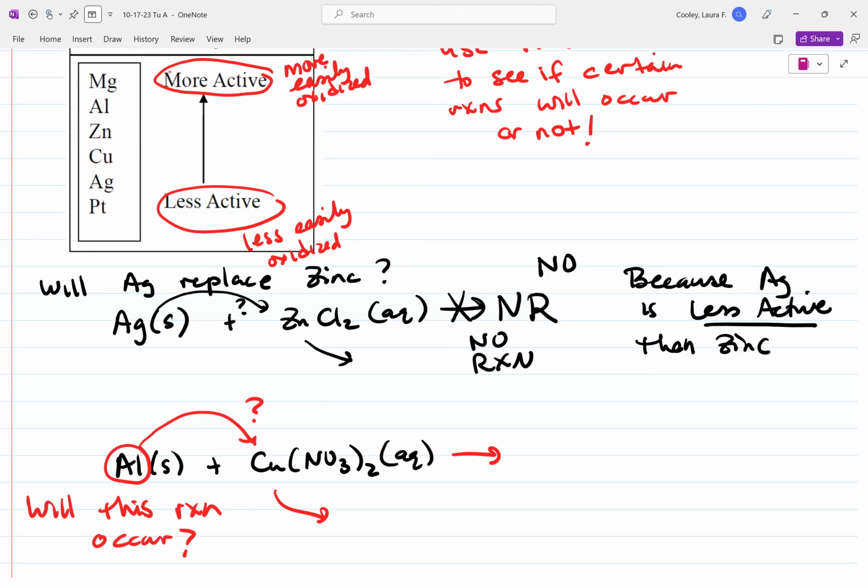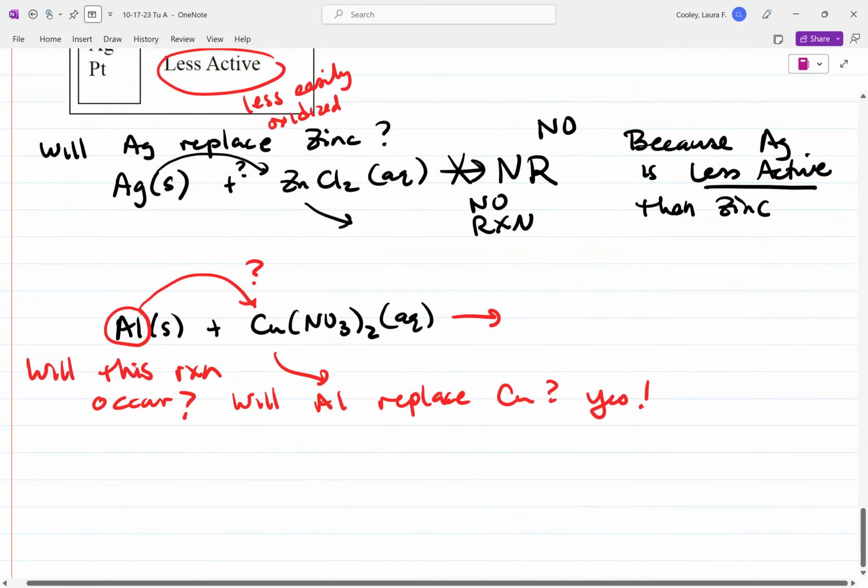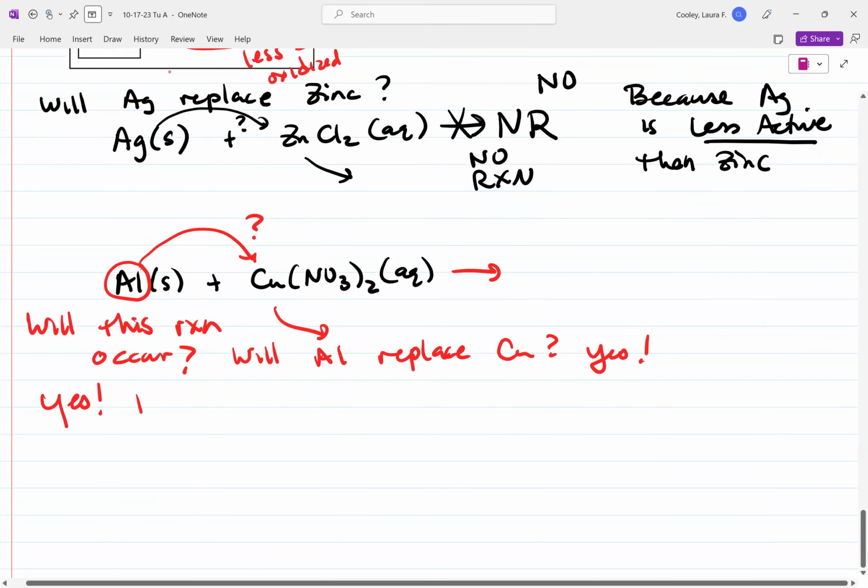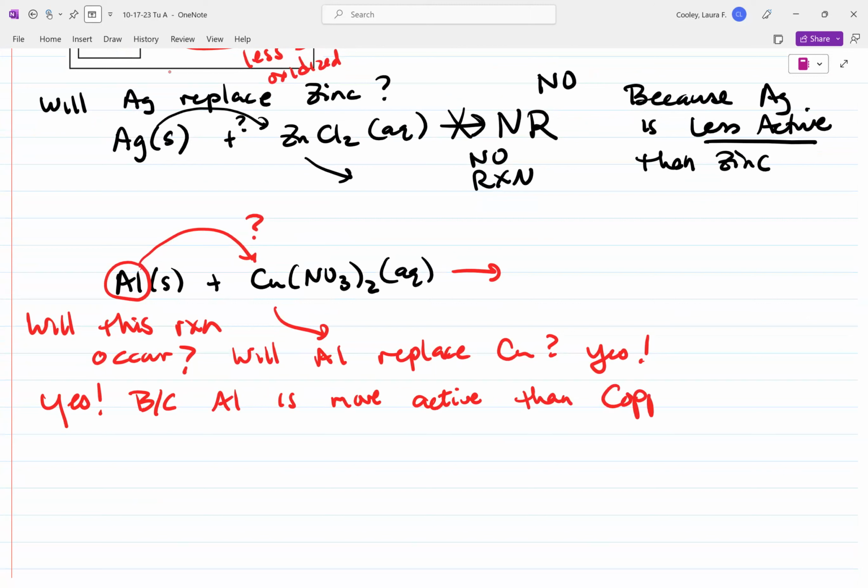So that's really confused the issue because aluminum is over here. Yeah, will aluminum replace copper? Yes, sorry about saying that wrong. And it will because aluminum is more active than copper. Okay, so what are the products here then?